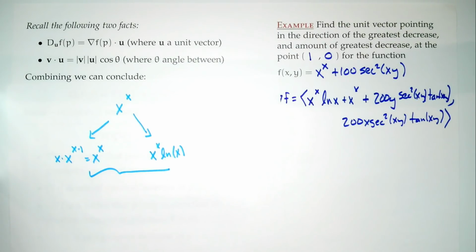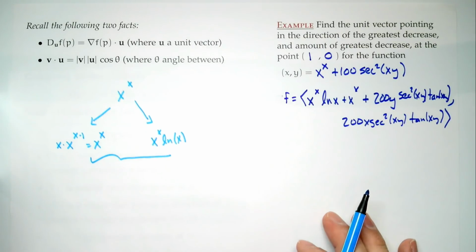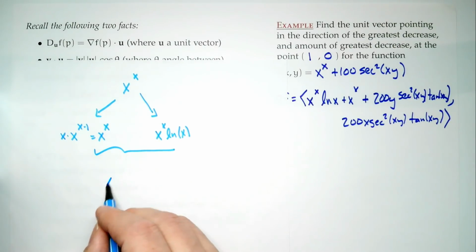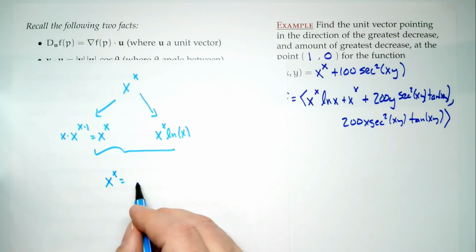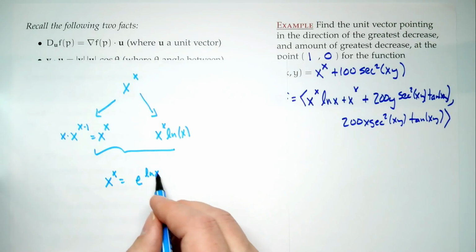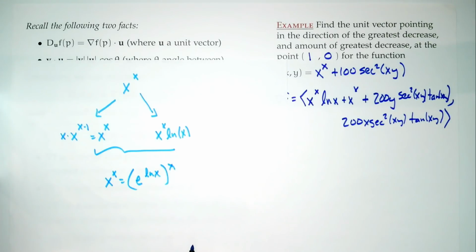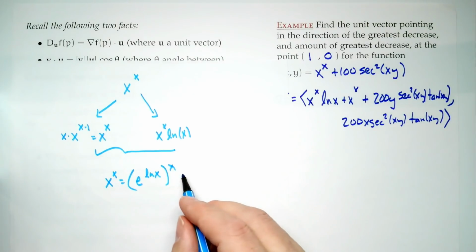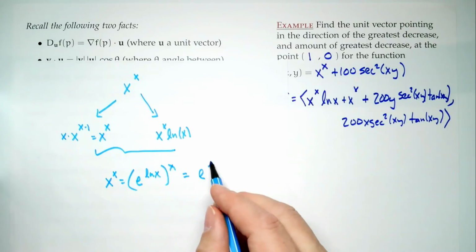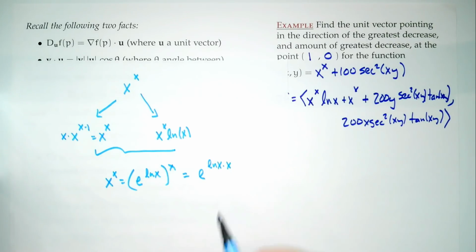Now you're probably thinking, I don't think that's how calculus works. Okay, you're right, that's not how calculus works. The real way to do this is x to the x can be written as e to the log of x to the x. Because e to the log x is still x, which means that you can write this as e to the log x times x. And now once you do that, the derivative of x to the x is the derivative of e to the log x times x.